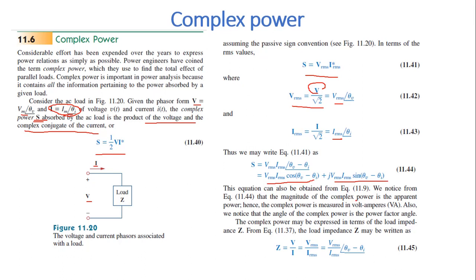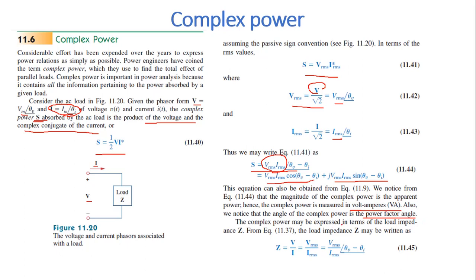So here the magnitude of the complex power is the apparent power. The magnitude of this complex power is Vrms into Irms, which is nothing but the apparent power, right? So this has a unit of volt amperes. And we can also notice that the angle of complex power is nothing but the power factor angle.